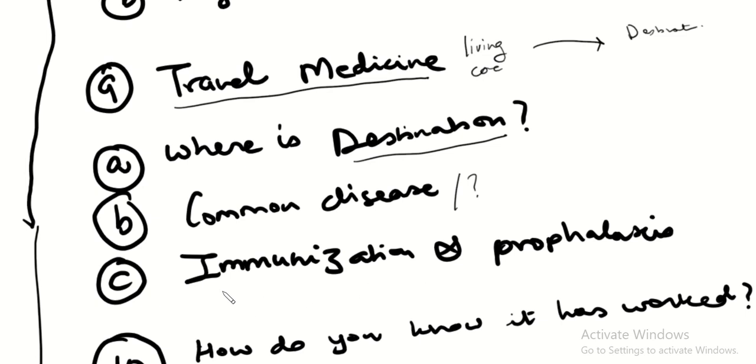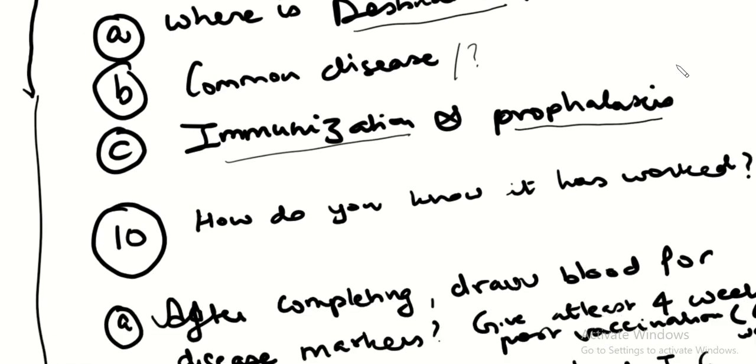Once we do, we look at immunization against those diseases where the person is getting stationed, and any prophylaxis that we can prescribe them to take with them, so that it prevents them from coming down with that disease when they reach their destination. Again, they go healthy, they remain healthy, and they come back healthy.